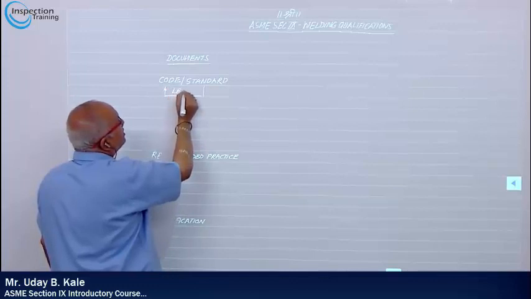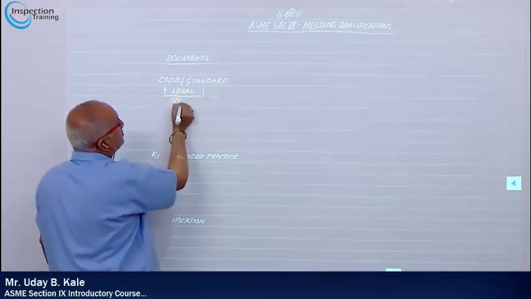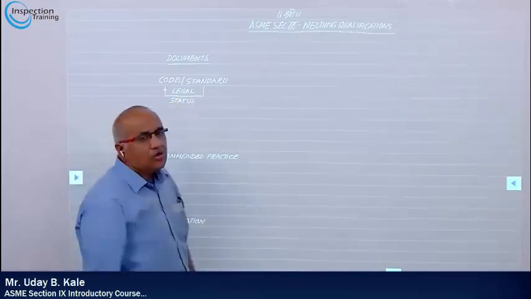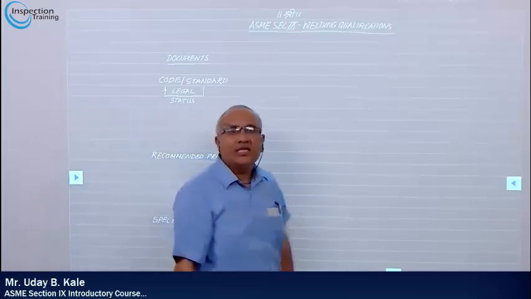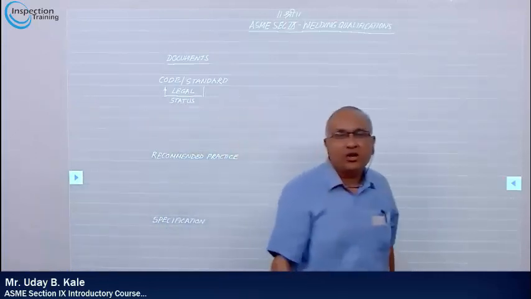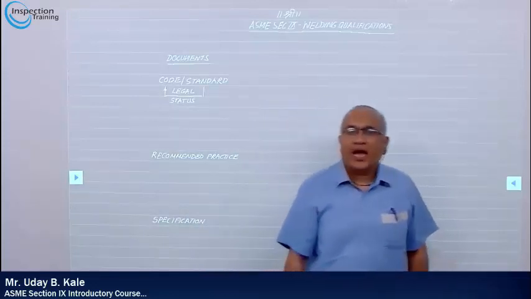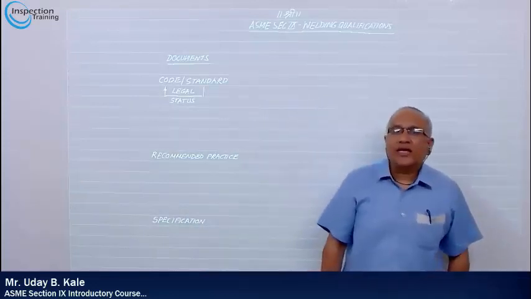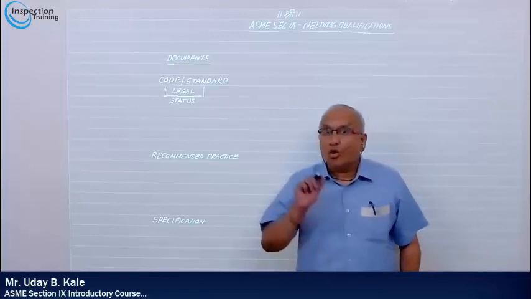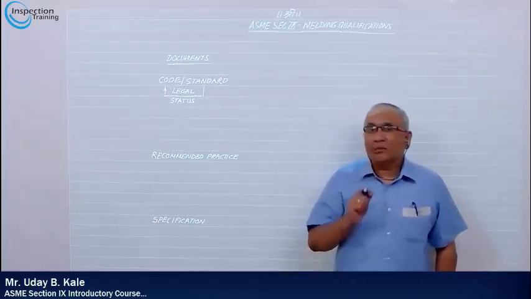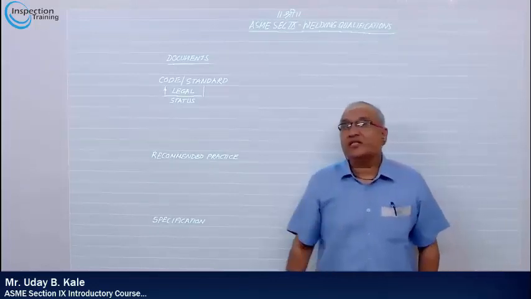Legal status. So what do you mean by legal status? It is law. Like in India, we have what is called as Indian Penal Code. It is not called as standard. It is Indian Penal Code, IPC.